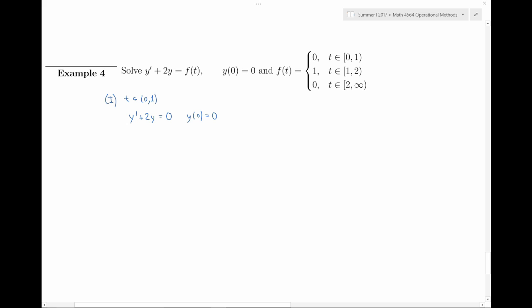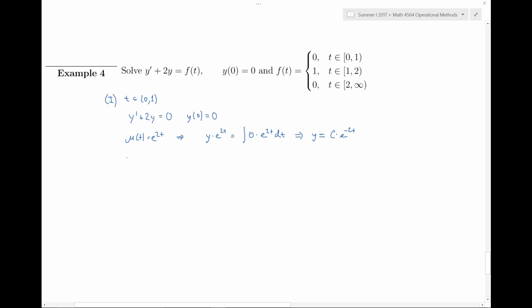If we solve with the method of integrating factor, then the integrating factor here is mu of t equals e to the 2t, and as a result, y times e to the 2t should be the integral of 0 times e to the 2t dt. And that means that y should be just a constant times e to the minus 2t.